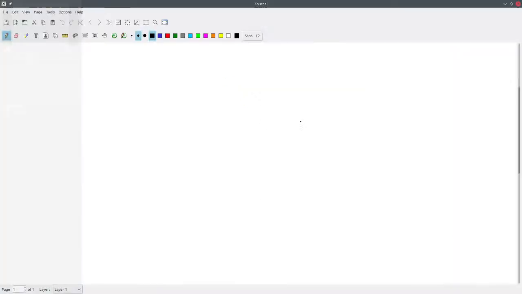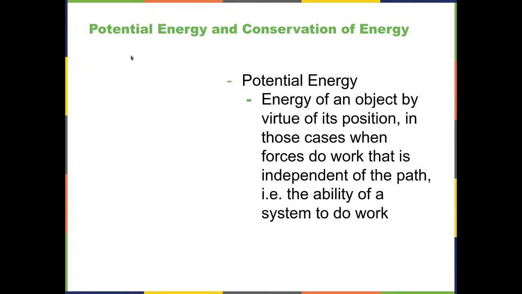So just as a reminder, we determined when a force is conservative. Conservative forces are those forces that can be described by this potential energy. Not all forces can be described by a potential energy. Only conservative forces can.